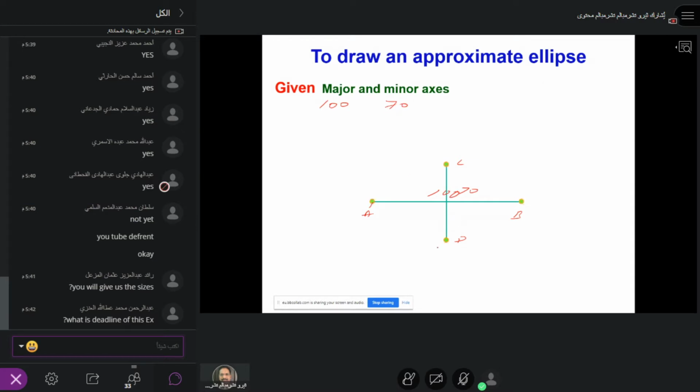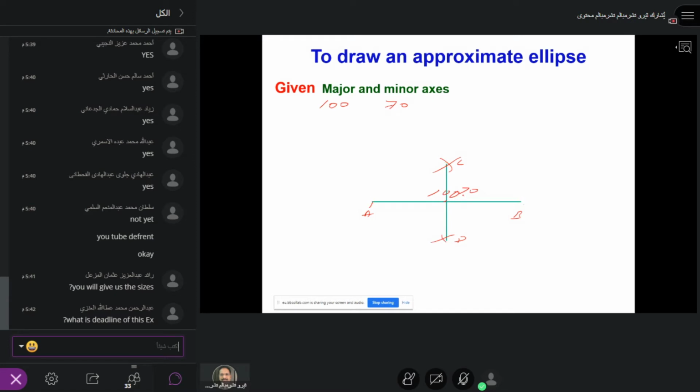First mark it: draw the horizontal line AB and find the center, or you can draw the bisection of these two, find the center, and then draw the 70 mm line. No problem. Do you understand?